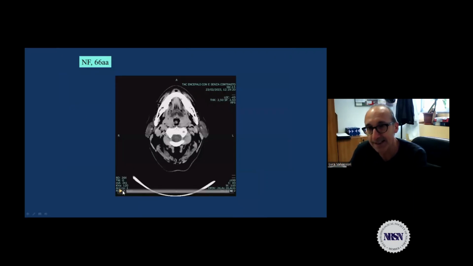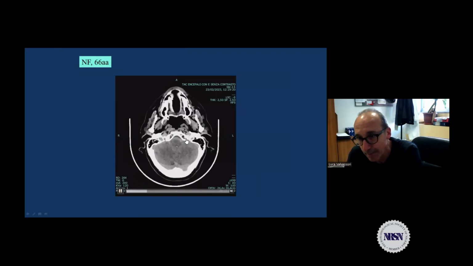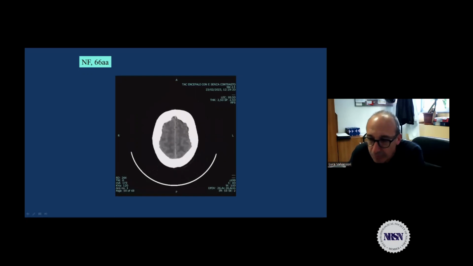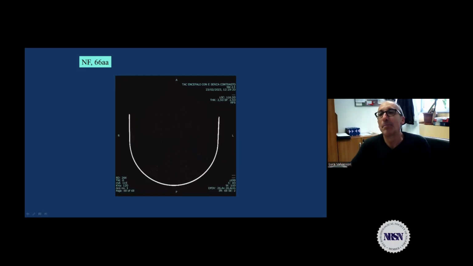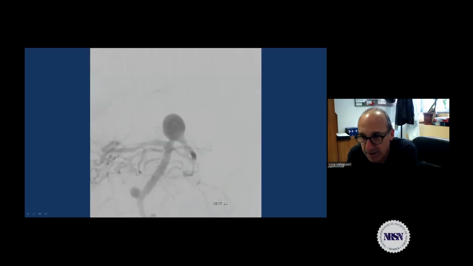And this is another case, a 66-year-old woman. This is the bleeding. There's a medium-sized hemorrhage due to this basilar tip aneurysm, and there's another small aneurysm here.